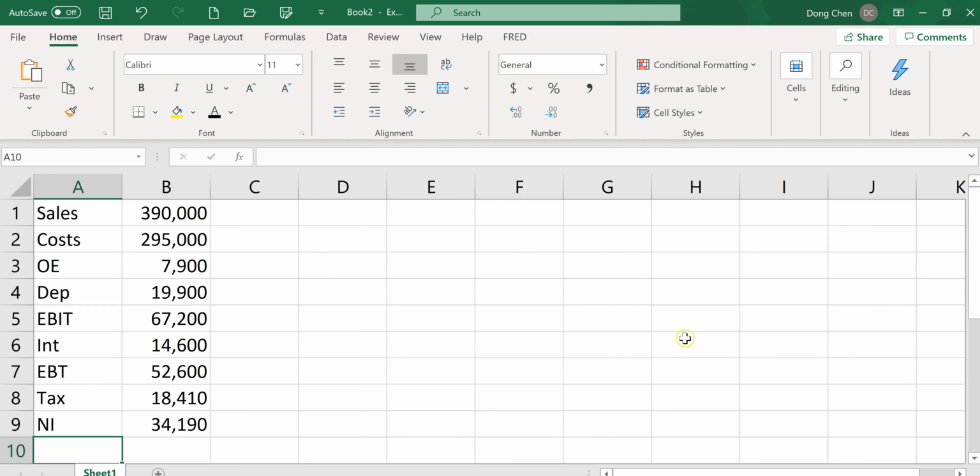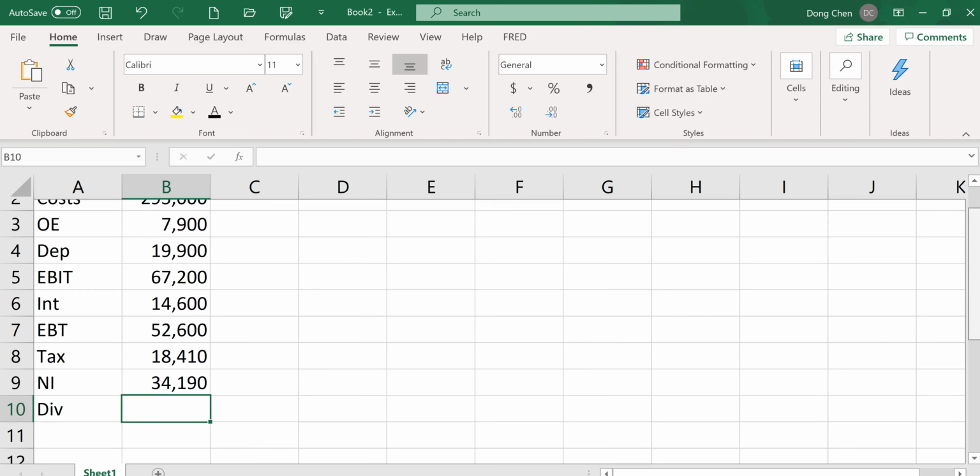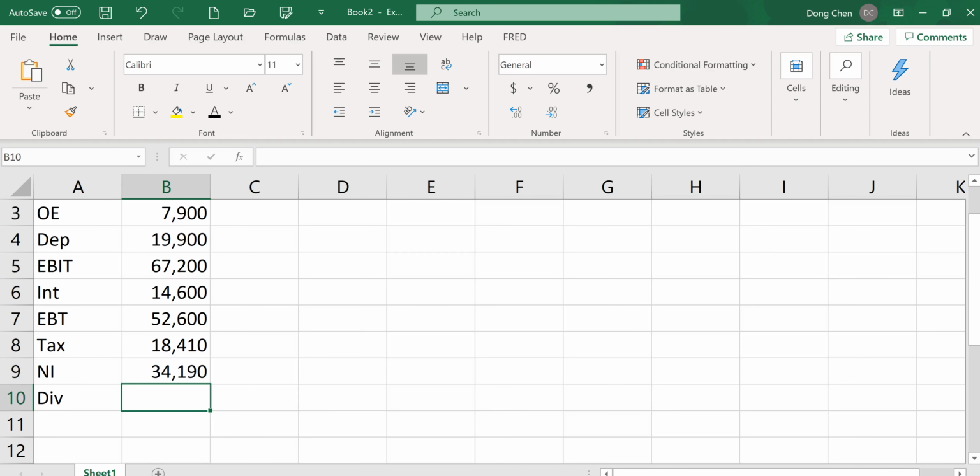And then we are further provided with dividend, right? Because we know that net income can go into two channels. First, part of the net income can be distributed back to shareholders in the form of dividends.